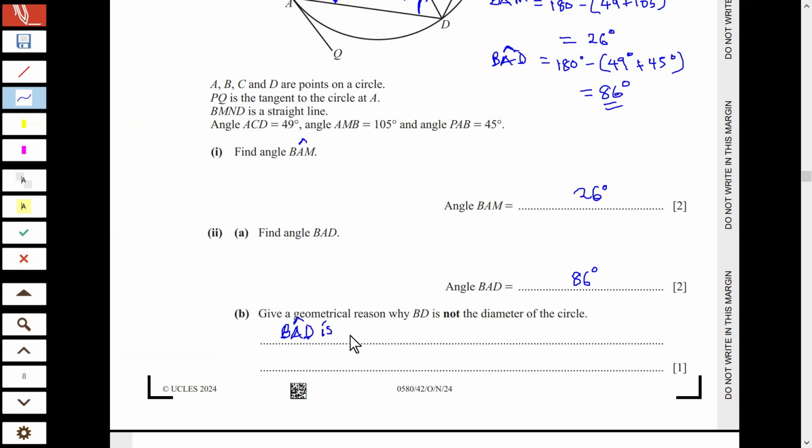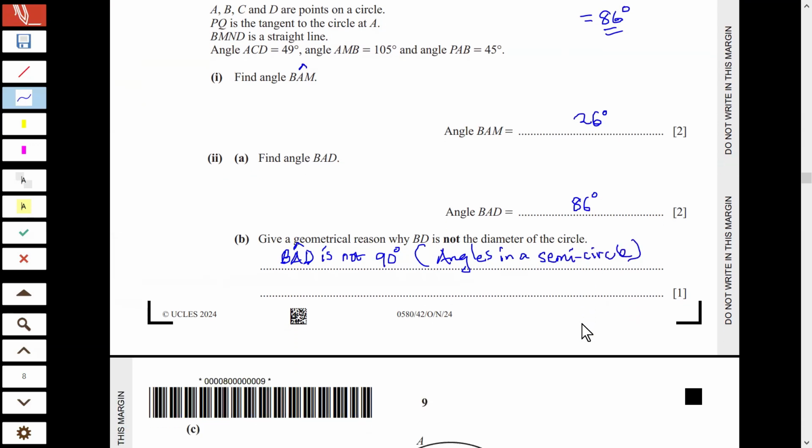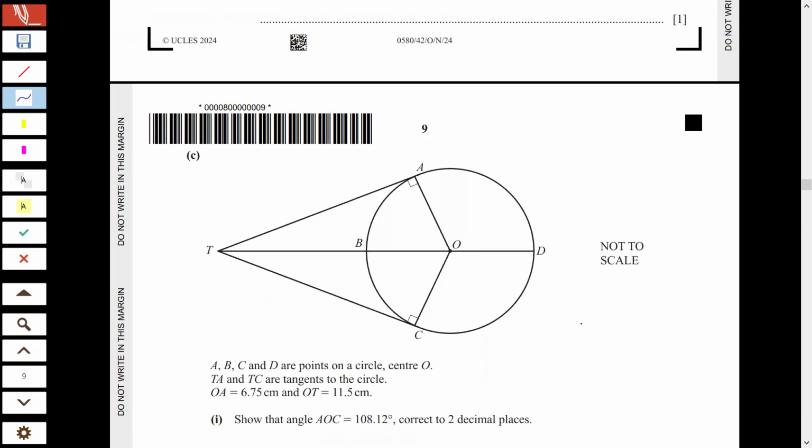And in bracket, we can just write angles in a semicircle. That's the reason for that. So let's move on to the next question here.